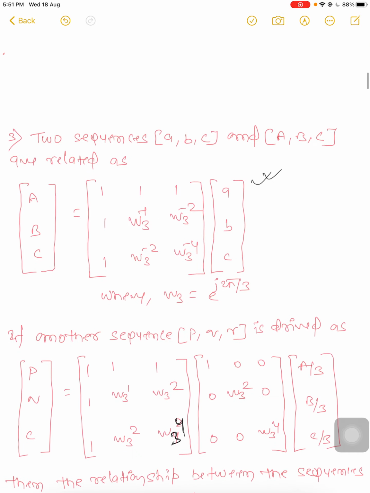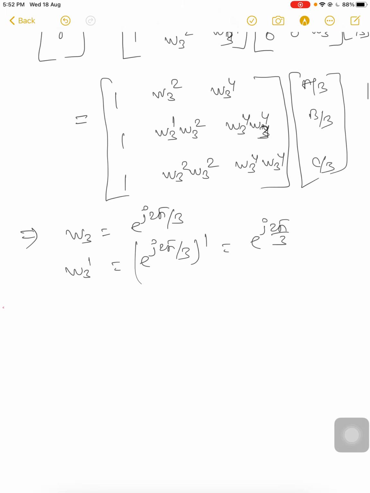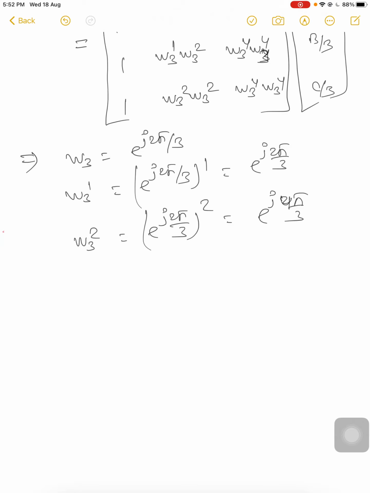So W3^1 is e to the power j 2 pi by 3, and W3^2 is e to the power j 4 pi by 3.